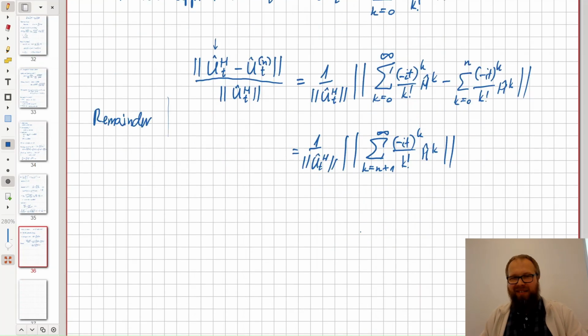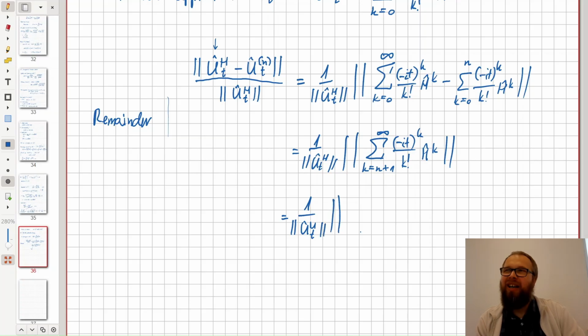Now, one of the features of the exponent is this kind of fractal structure.